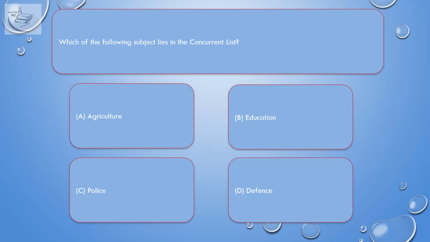Question: which of the following subject lies in the concurrent list? A. Agriculture. B. Education. C. Police. D. Defense. Correct answer is B. Education.